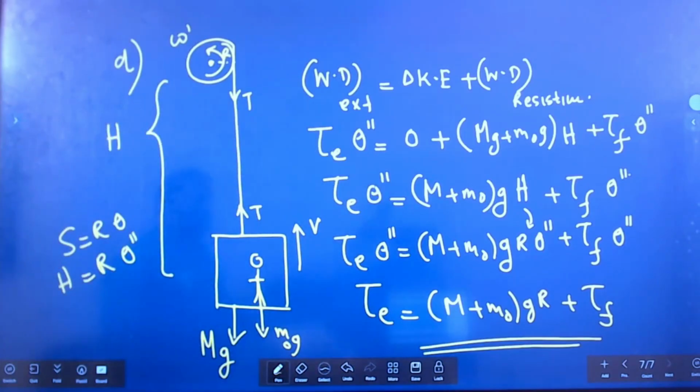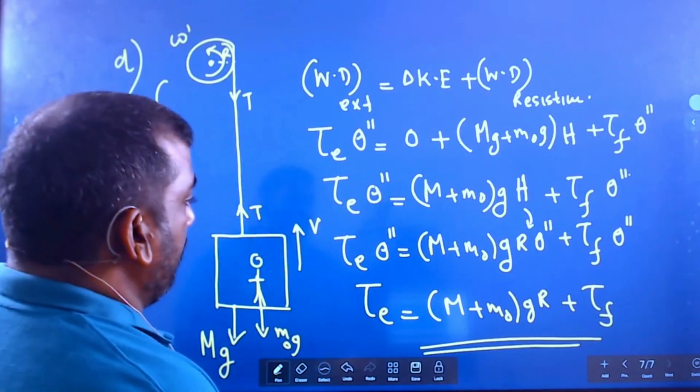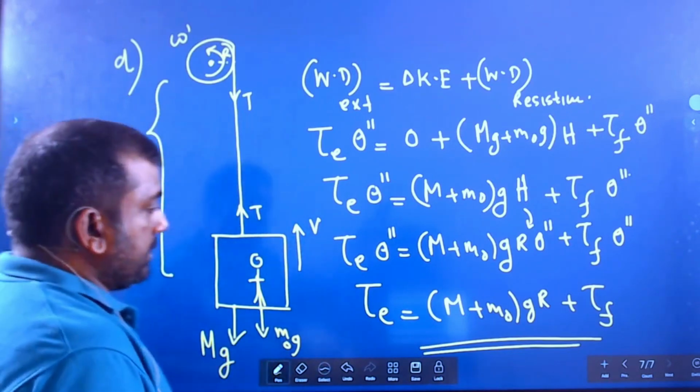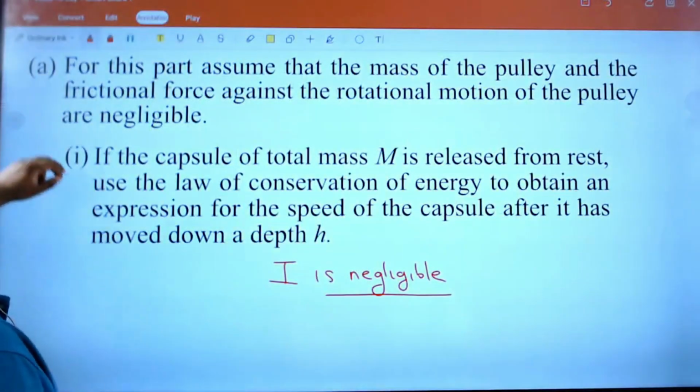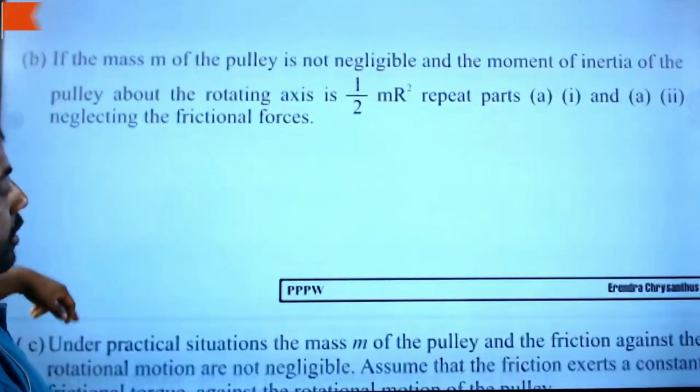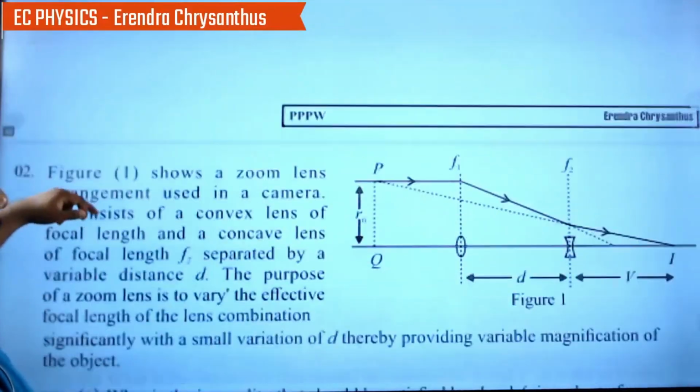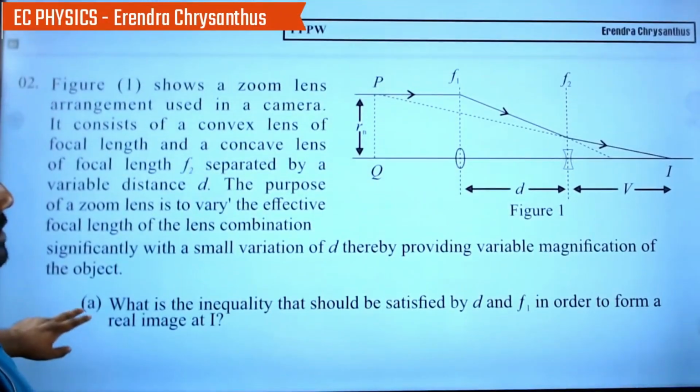Simplify this, external torque can be found. So we have done this whole essay question, full essay question done.